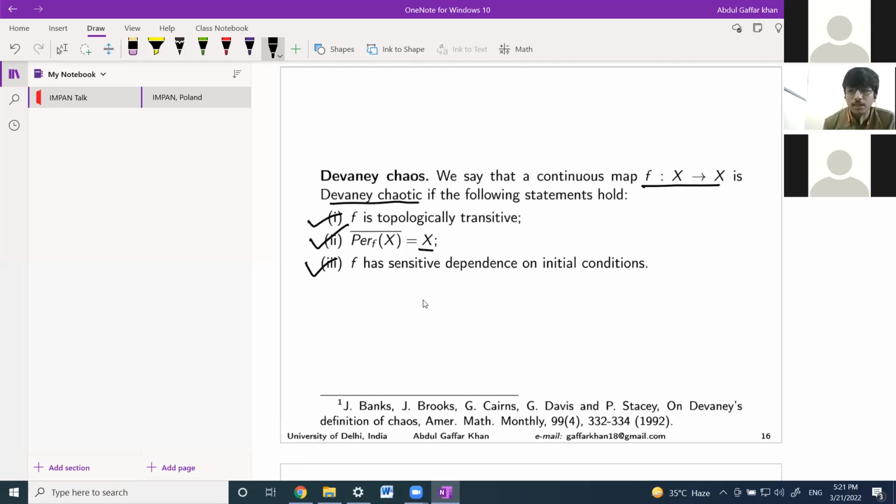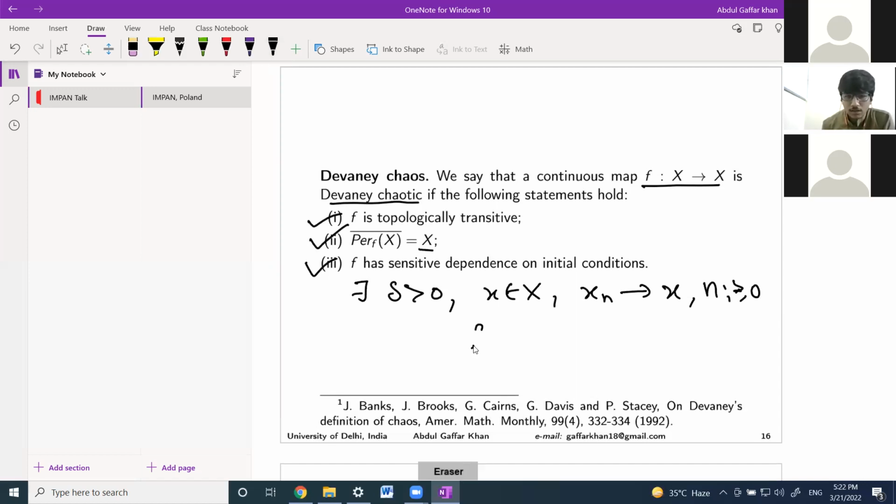Basically, a map is said to have sensitive dependence on initial conditions, or to be sensitive, if there exists a constant delta such that for every x in X, we can find a sequence x_n converging to x and a sequence of non-negative integers such that the distance between the iterates is greater than delta.